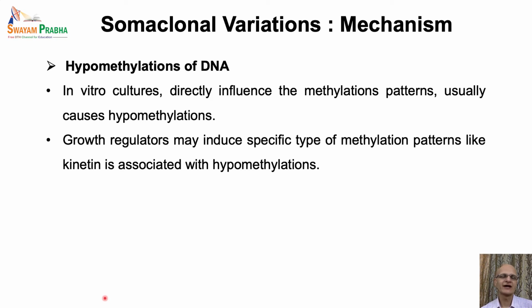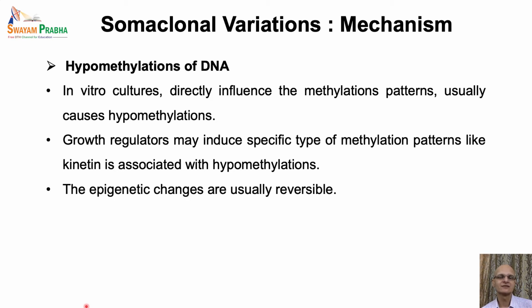For example, use of kinetin for the induction of morphogenetic responses has been shown to cause extensive hypomethylation of the DNA, whereas naphthalene acetic acid has been shown to cause hypermethylation. Similarly, other growth regulators may have a different kind of impact on the methylation pattern of the genetic material. However, these epigenetic changes are usually reversible.